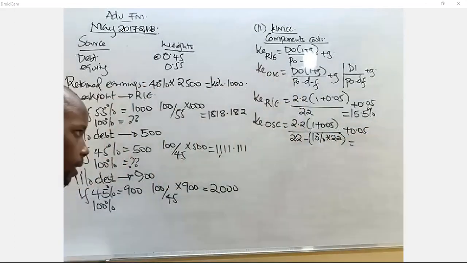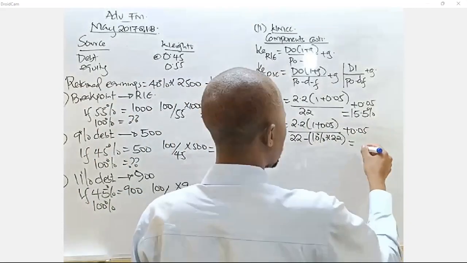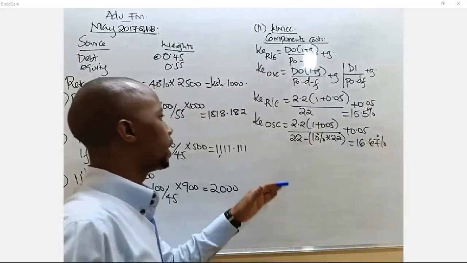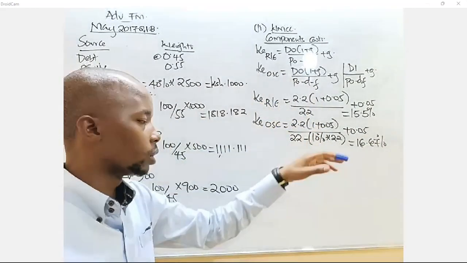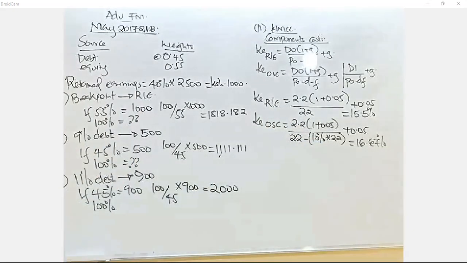So it will be 22 minus 2.2, getting 19.8. So 2.2 times 1.05 divided by 19.8 plus 0.05, getting 16.67%. So you can see the retained earnings are cheaper compared to the ordinary share capital after you compute the cost of equity for each.